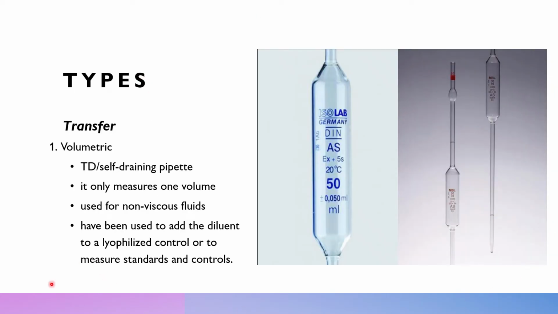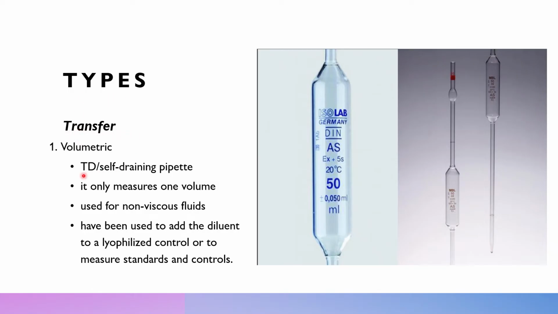Okay, now we're done with the measuring or graduated type of pipettes. Let's move on to the transfer type of pipettes. Under transfer type of pipettes, class, is the volumetric pipette.